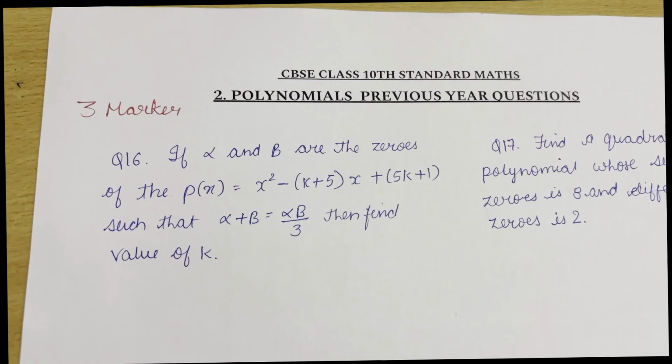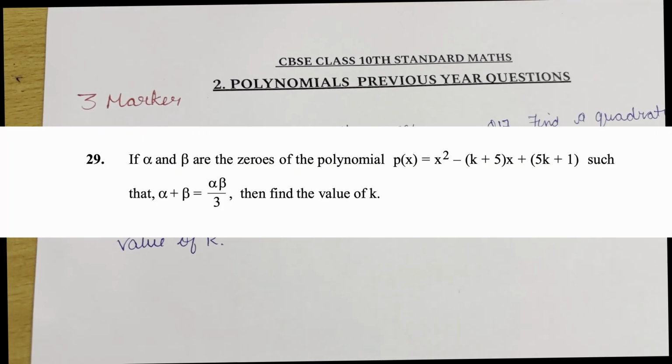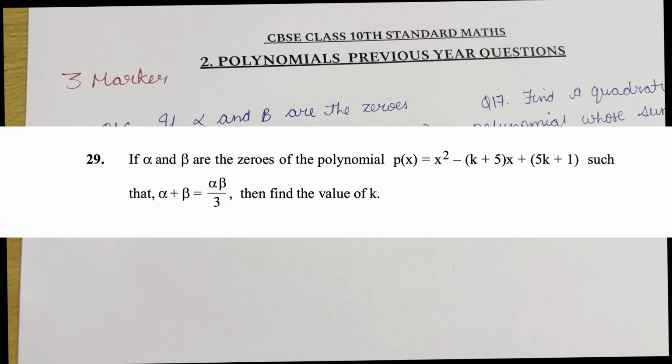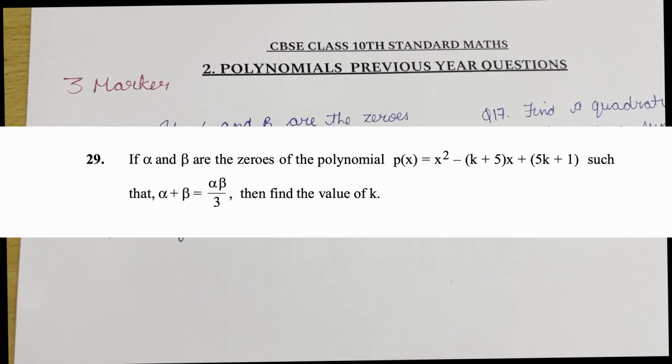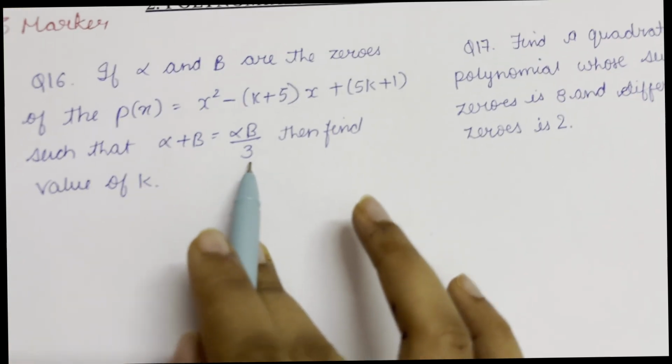Question number 16 says that if alpha and beta are the zeros of the polynomial p(x), which is x square minus (k plus 5)x plus 5k plus 1, such that alpha plus beta is equal to alpha beta upon 3.